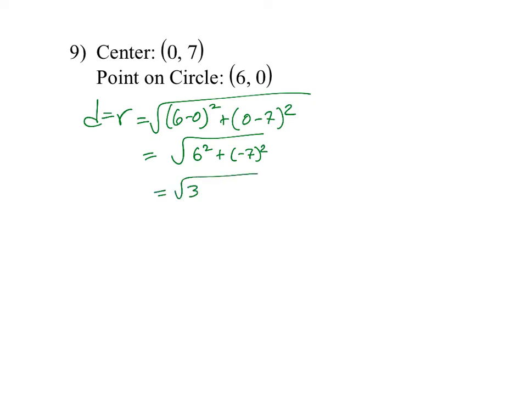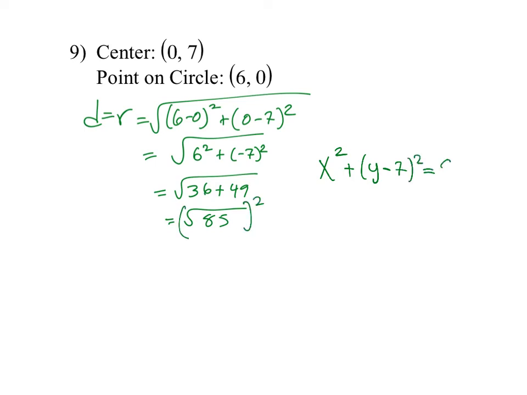So it's 36 plus 49, so this is the square root of 85. So now because this x value is 0, you're going to have x squared plus y minus 7 squared equals this radius squared, so it's just 85. And that's it for this one.